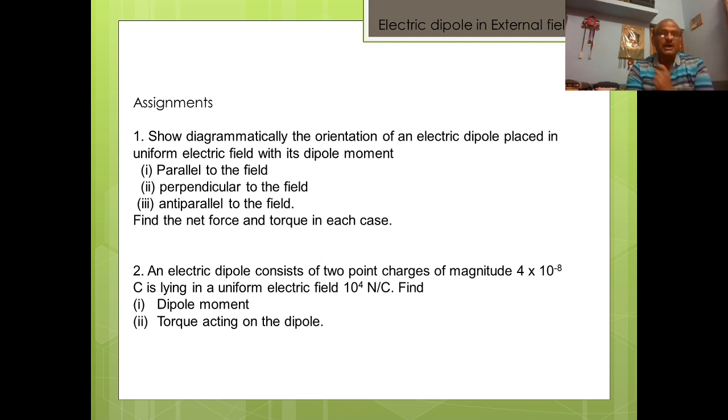So when the charged comb is brought near the paper, it attracts because the electric field polarizes the charge over the paper. So a net dipole moment is established, and due to this polarization it attracts the paper.